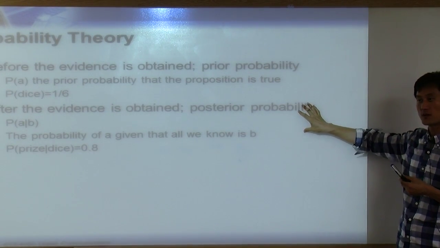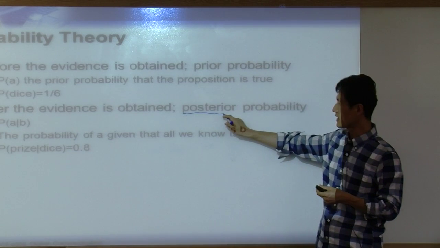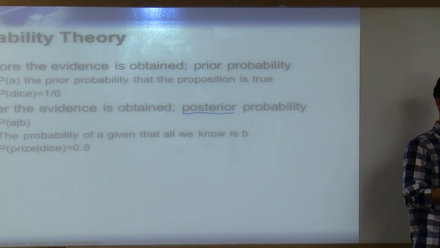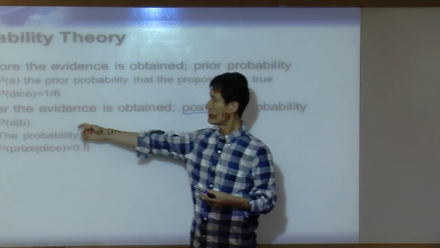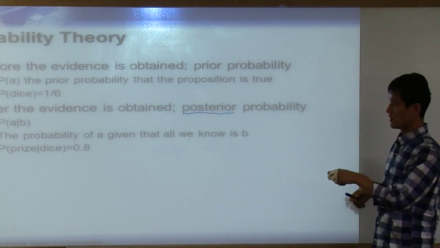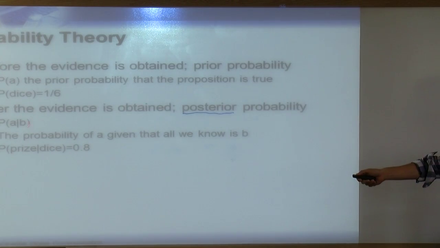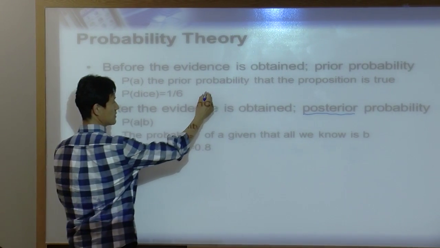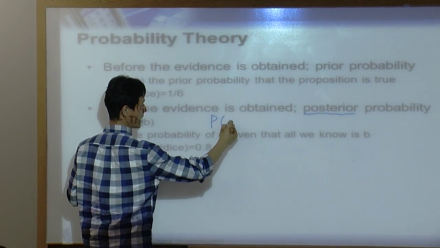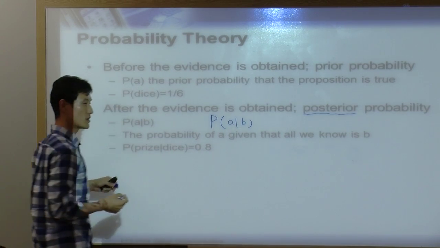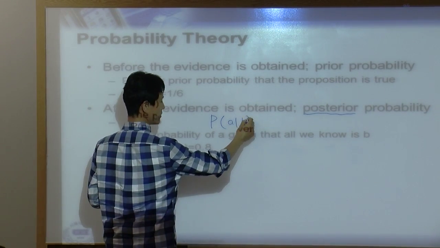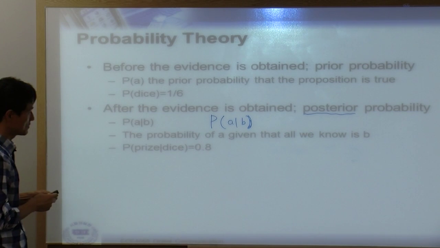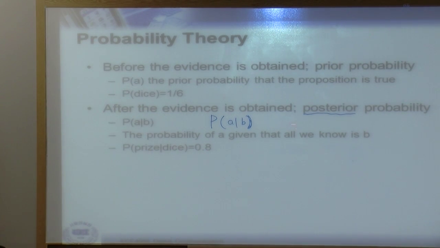Then what is the posterior probability? Posterior means you can calculate the probability after something, right? After evidence. So simply speaking, the posterior probability is conditional. So let's see, P(A given B). This is a conditional probability, right? What does this mean? P(A given B) basically means that event B already happened.